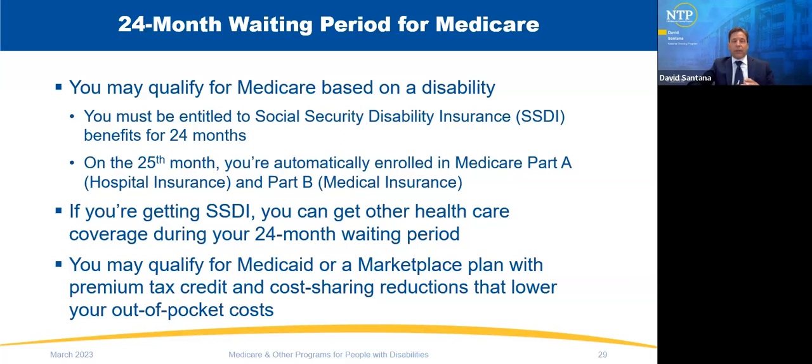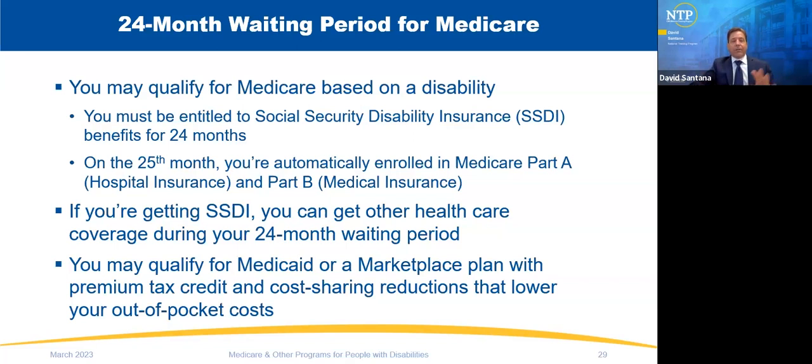Those are called 1634 states, and that refers to the section in the law that authorizes the agreement between the states and Social Security, whereby when Social Security determines that the individual is eligible, for example, for SSI, that confers eligibility for Medicaid as well.